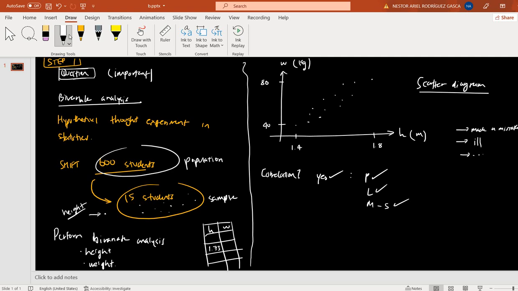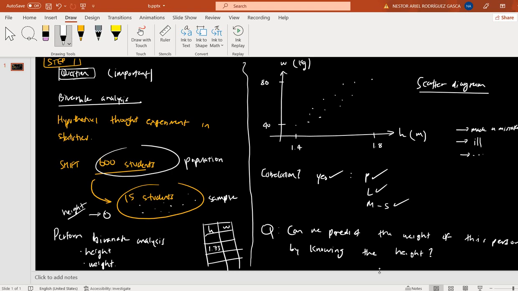The question is, as you may be guessing, can we predict the weight of this person by knowing the height? That is the question. Can we predict the weight of this person right here, by knowing the height?